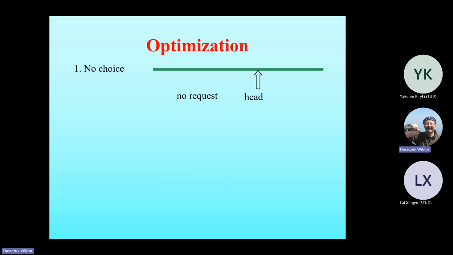In an electronic disk, we can specify an arbitrary address, and the transmission time is irrelevant to the position in memory, because it's electronic. But on physical disks, we can optimize, but what can we optimize? If there is no request, the disk just spins, we cannot optimize anything.